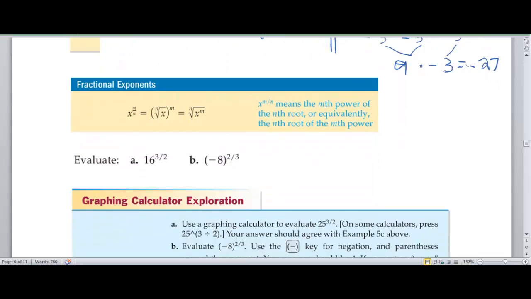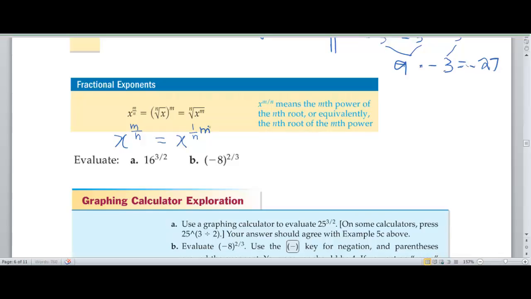Okay? Let's look at this one. Now I have fractional exponents, x to the m over n. I know people always confuse this concept, so let me break it down further. This is x to the 1 over n times m.